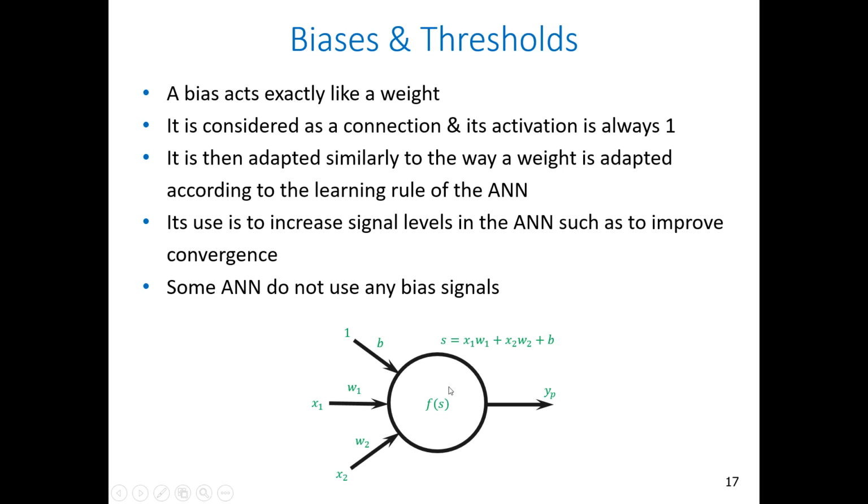The summation of signals that enter an artificial neuron is given by this: s = x1 multiplied by w1 plus x2 multiplied by w2 plus the bias, and s has to be passed through an activation function. We will see some examples of activation functions shortly, and then an output will be produced.